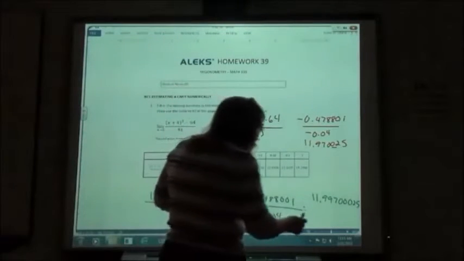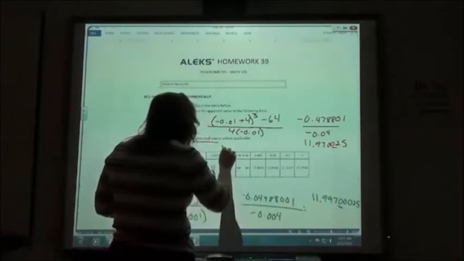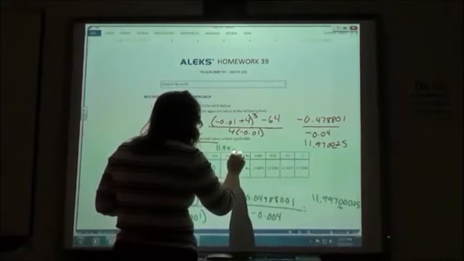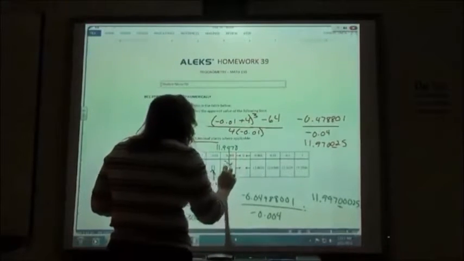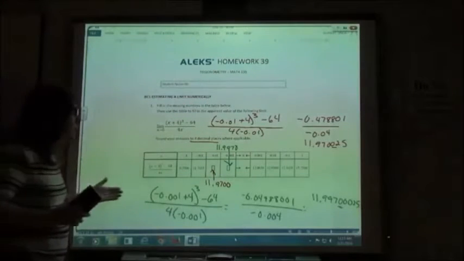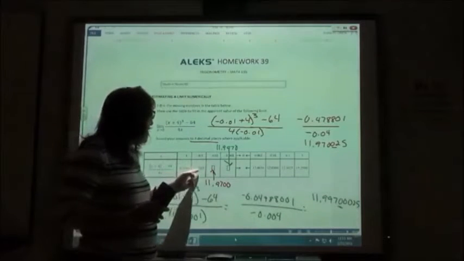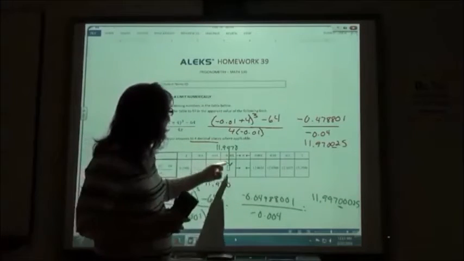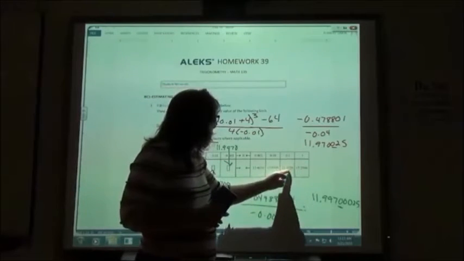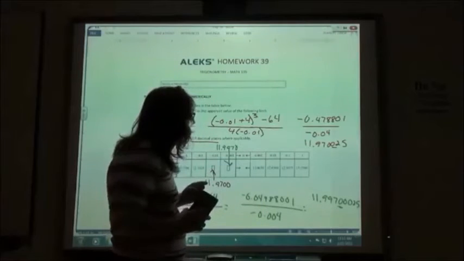Rounding this off to 4 decimal places, I'm going to write it up here, 11.9970. That's going to go in that box there. So, as I get closer and closer and closer to 0, I went 9, 11.7, 11.97, 11.997. Here I'm doing 15, 12.3, 12.03, 12.003.